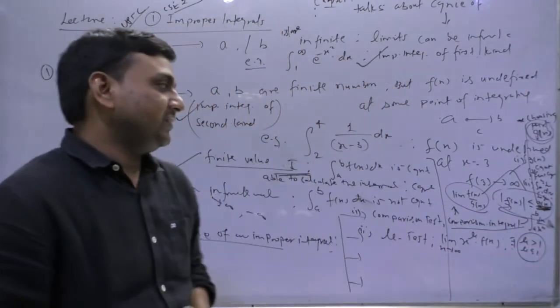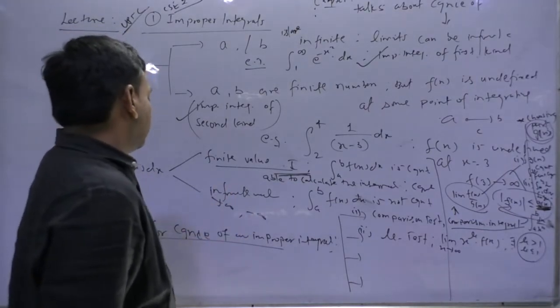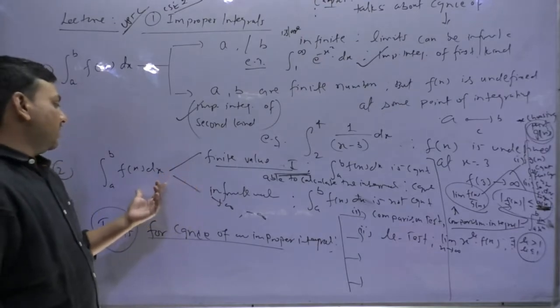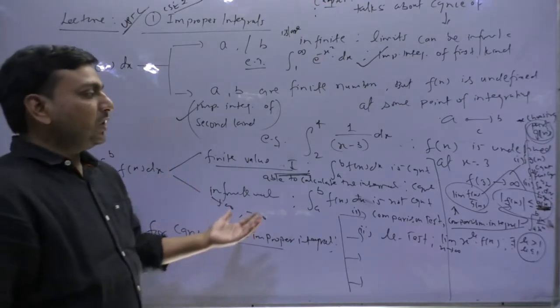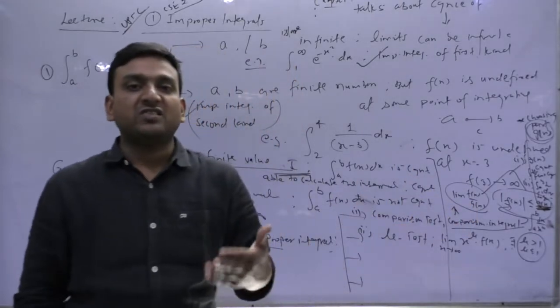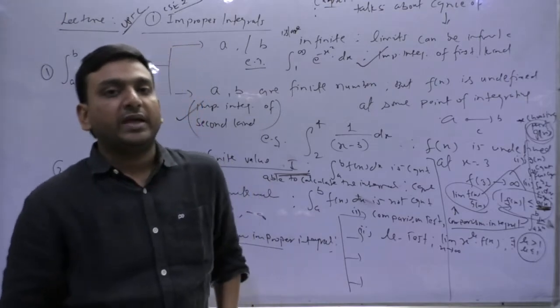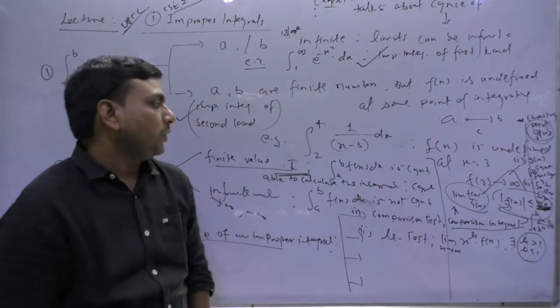Getting it? Some people may think, sir, I will just calculate it. If calculation were possible, it would already be done. So we are doing such tests in cases where calculations are not possible. Clear now? Any doubt, anyone?